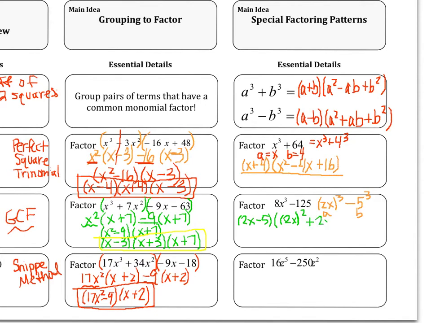A is 2x times b is 5, plus b squared, so b is 5, and I have that squared. So now I need to do a little simplifying. This is 2x minus 5, that quantity, times the quantity 2 squared is 4, x squared, plus 2 times 5 is 10x, plus 5 squared is 25. So here's my simplified form.